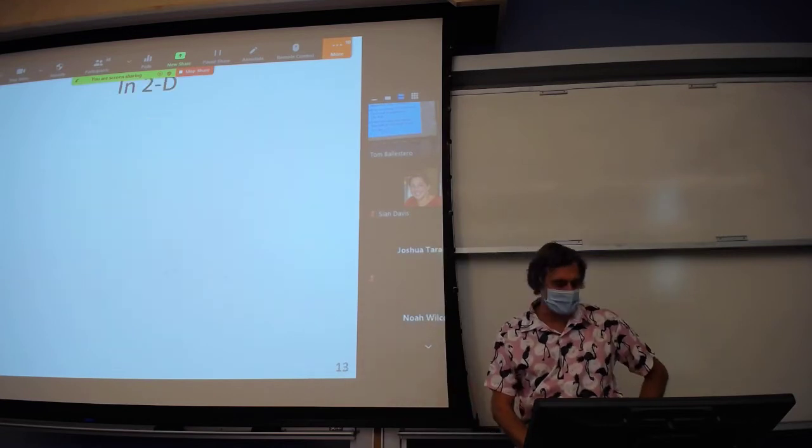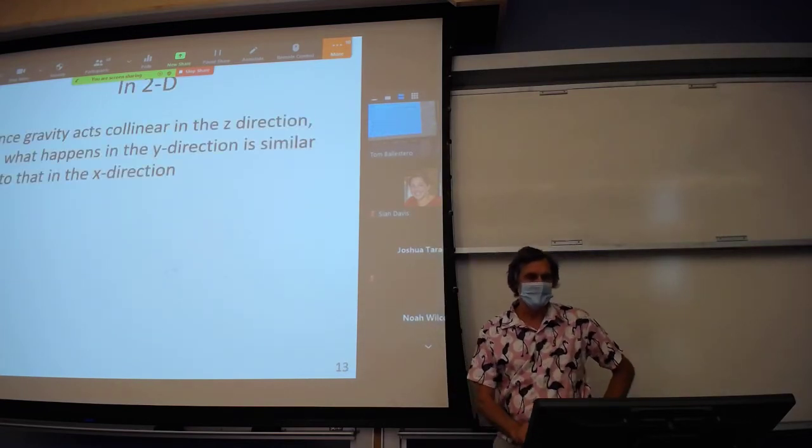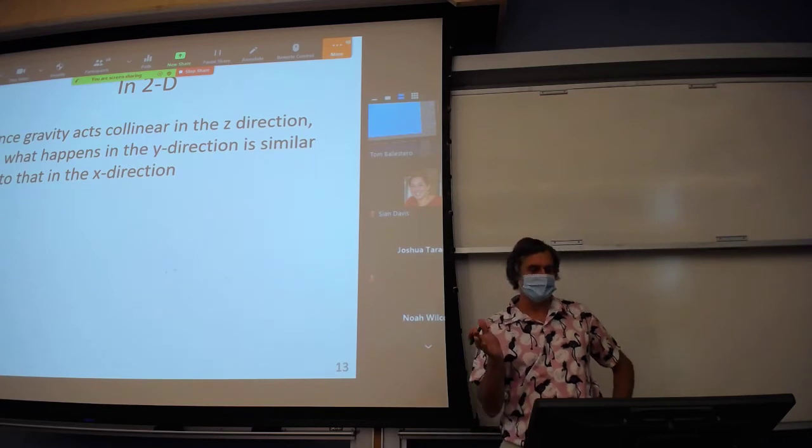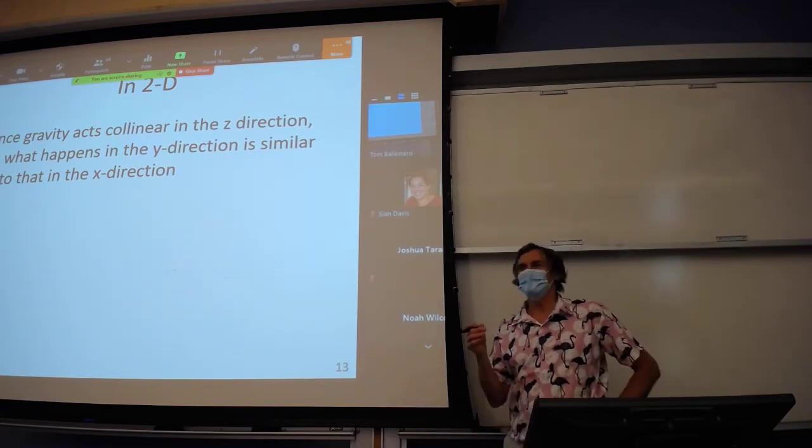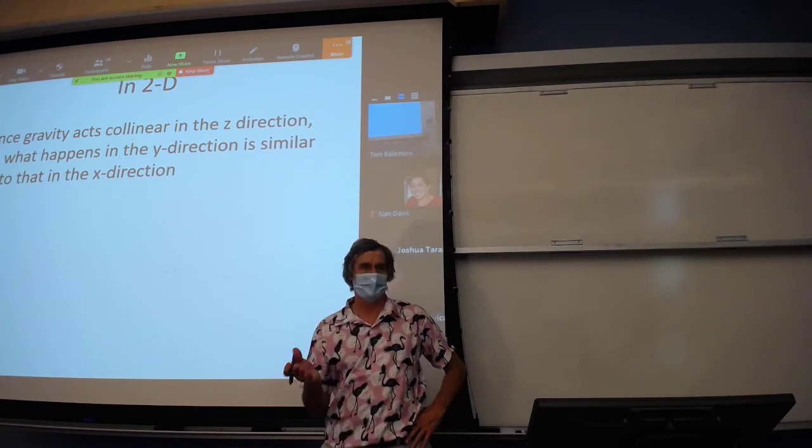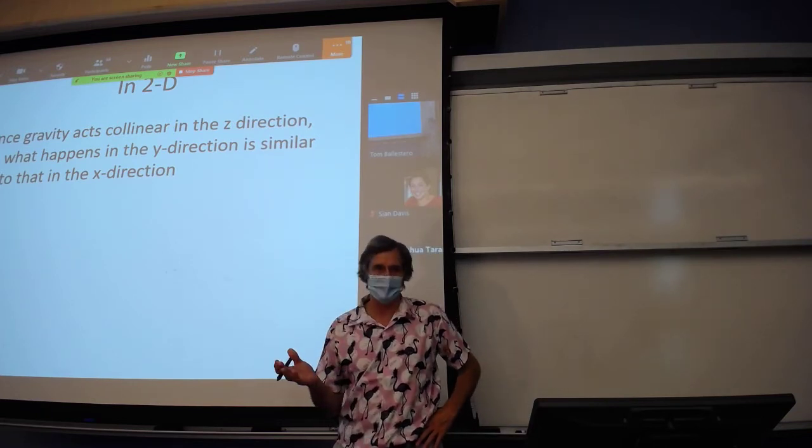And again, I know we're not going to finish this time, but since gravity is collinear in the Z direction, basically, whatever happens in the X is the same as the Y, or vice versa, because neither of them have gravity.